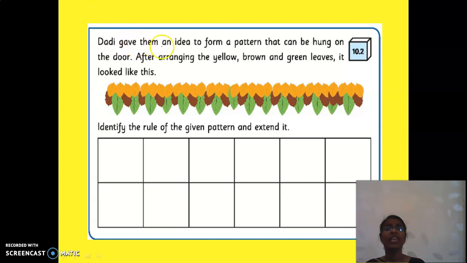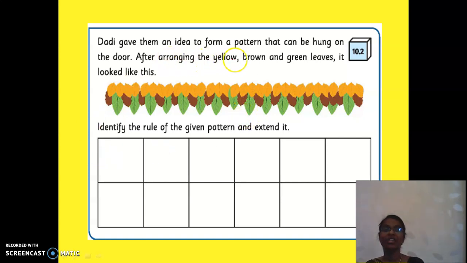Here, Dadi gave them an idea to form a pattern that can be hung on the door. Doormats, mats, blankets, you can see the design. Even in saris you can see the pattern. Some patterns will be followed in the saris. Have you seen that? They are all extending patterns.